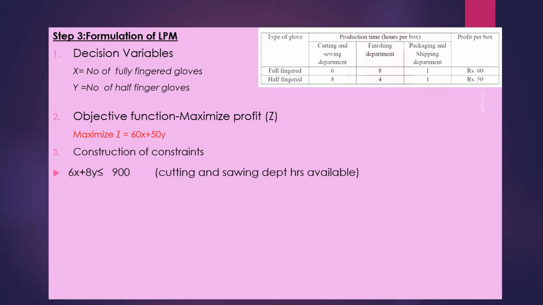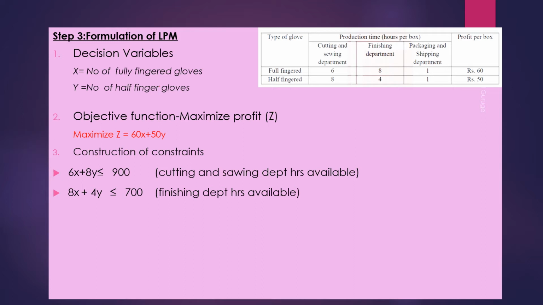Now let's move on to the second one. For the fully fingered one it needs 8 hours and for the half-fingered one it needs 4 hours in the finishing department. Therefore, a combination of these two should be less than or equal to 700, because it is the highest number of hours available in the department.